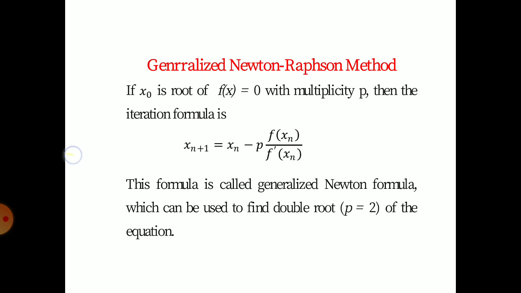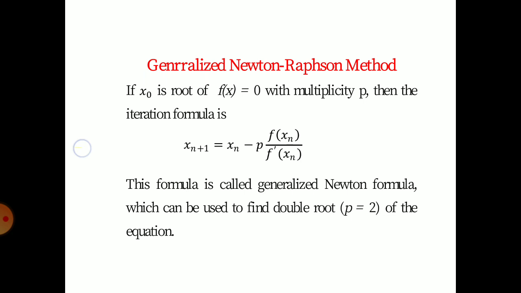Our Newton-Raphson formula is xn plus 1 is equal to xn minus f of xn divided by f dash of xn. But in the generalized Newton-Raphson formula, when x0 is a root of multiplicity p, it is written as xn plus 1 is equal to xn minus p f of xn divided by f dash of xn, and this formula is called the generalized Newton formula. It may also be called the generalized Newton-Raphson formula, but usually it is called only the generalized Newton formula.